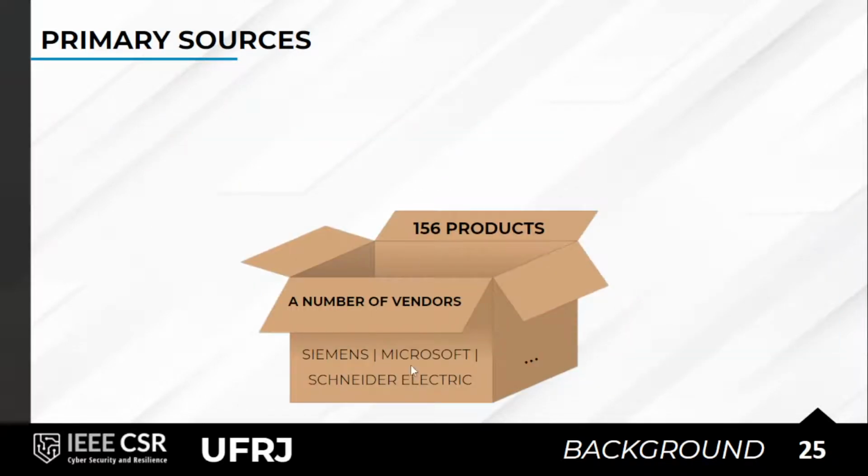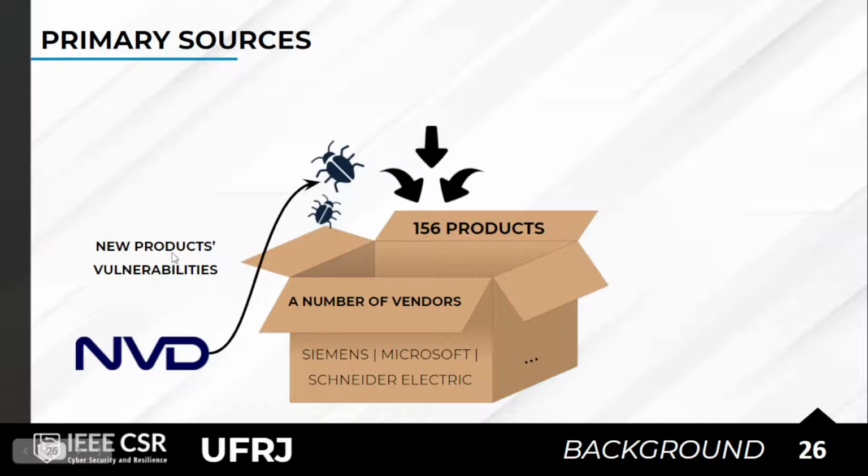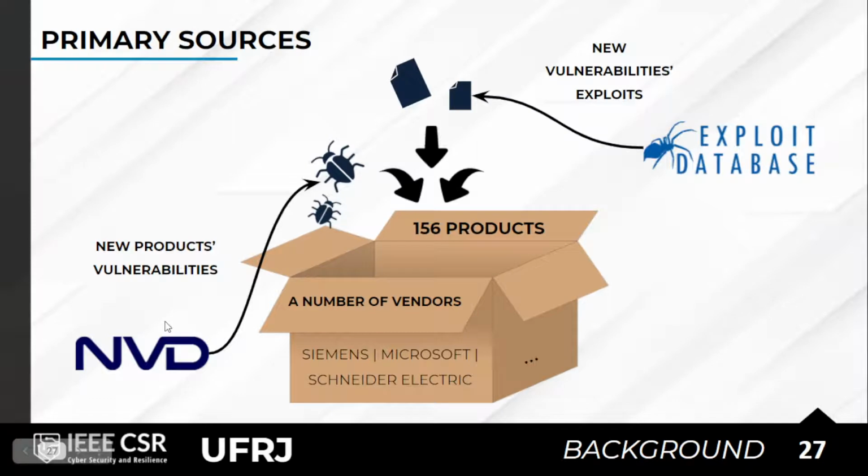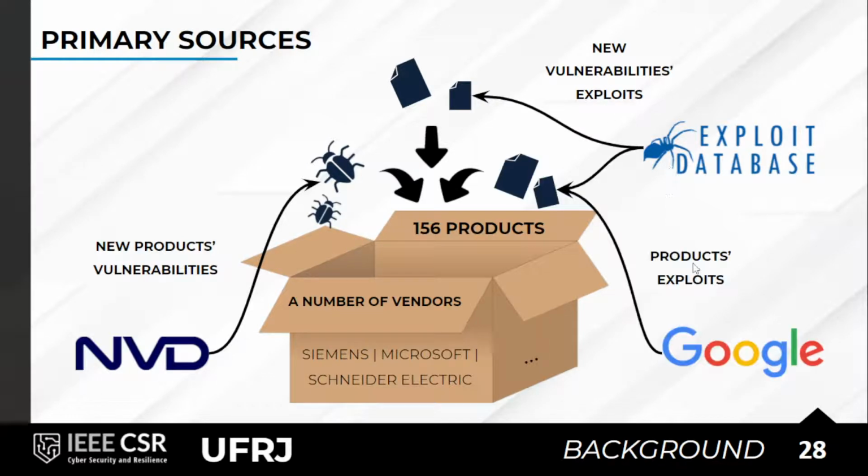Then we extended this dataset by adding some information. First, we updated the product vulnerabilities list using the NVD repository. Later, we included exploits from the exploit-db base that exploited the vulnerabilities of these products. Finally, we collected the exploits that affect our products by leveraging information about exploit-db and Google queries.